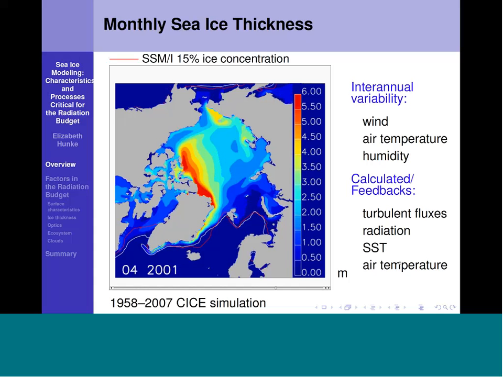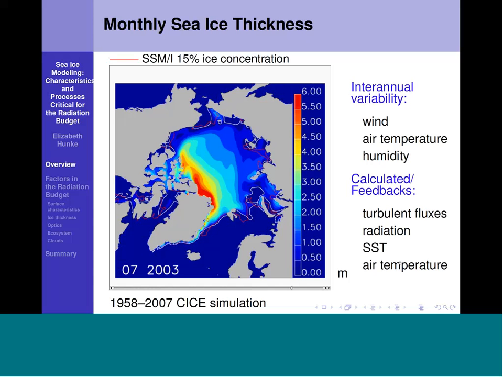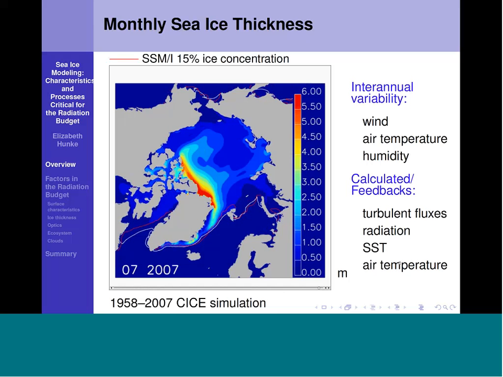This simulation does pretty well because it includes the most important processes, namely the wind stress on the ice, the albedo feedback on the sea surface temperature, or SST, and my 50-year run also has a long-term thinning trend, which is very important for preconditioning the ice to melt.